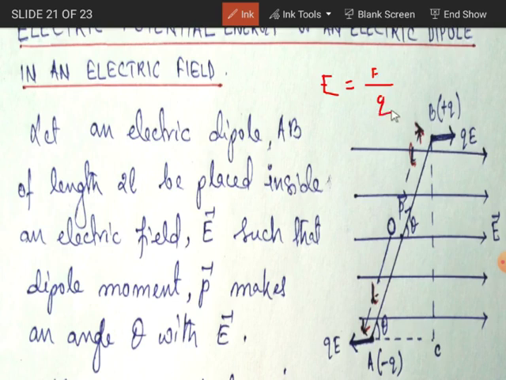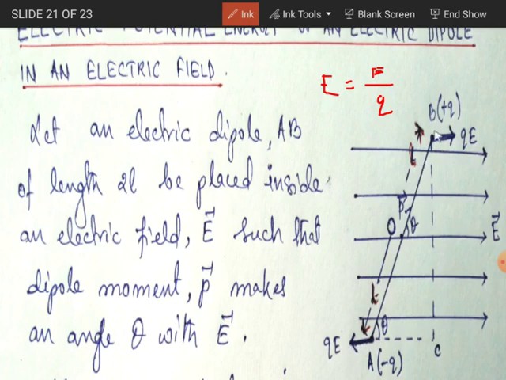So if you want to find the force, it will be Q times E. The force experienced by Q will be QE along the direction of the field, and the force experienced by minus Q will be QE in the direction opposite to the electric field E.